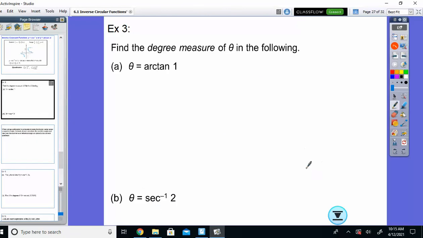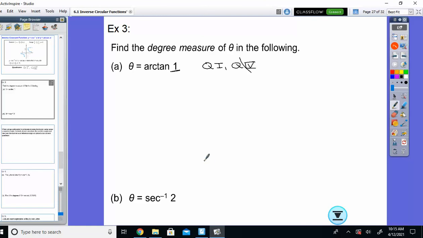Okay, so example 3, I'm asking for degrees on these. So theta equals arctan of 1. That means tangent inverse of 1. So when I see tangent inverse, I know automatically it can either be in quadrant 1 or quadrant 4. Because 1 is positive, we're in quadrant 1.